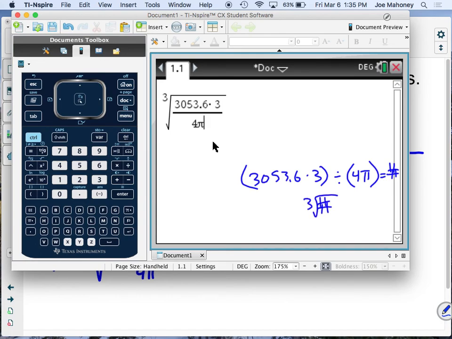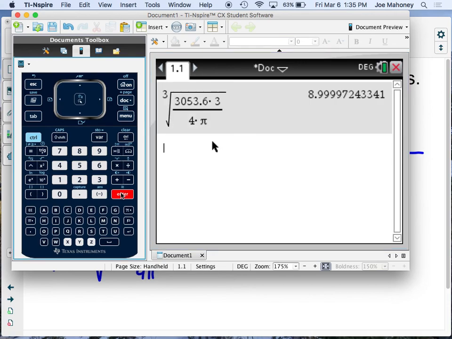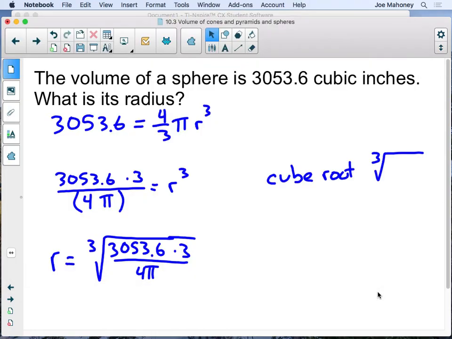So let's see what that's going to look like. If I type all that in and press enter, I'm going to get about 8.9999 and a bunch of other numbers after that. So let's round this up to 9. So when I solve this, we get 9. One of the things you should be able to do with the volume of a sphere is work backwards and take the cube root to find the radius.